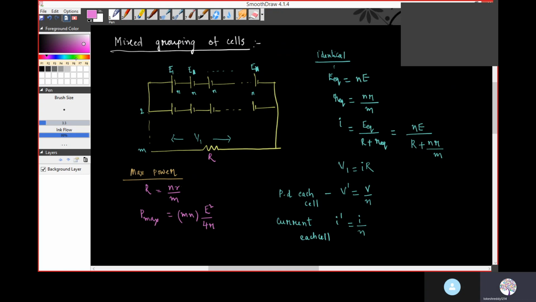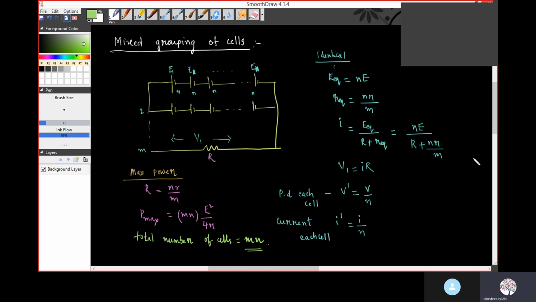Now the total number of cells is M into N. MN is the total number of cells in the mixed grouping.